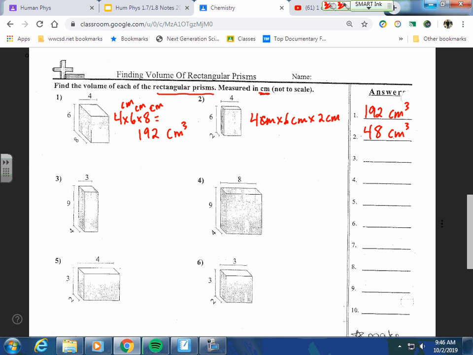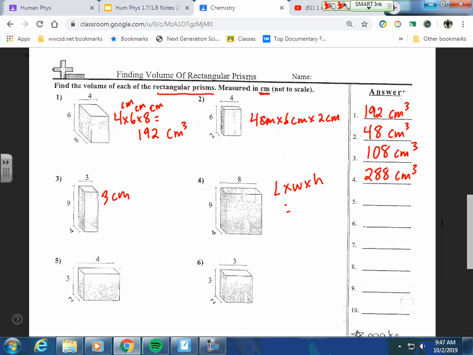All right. Okay, what's number 3? 3 times 9 times 4? 108. 8 times 9 times 4? So all we're doing is length times width times height.